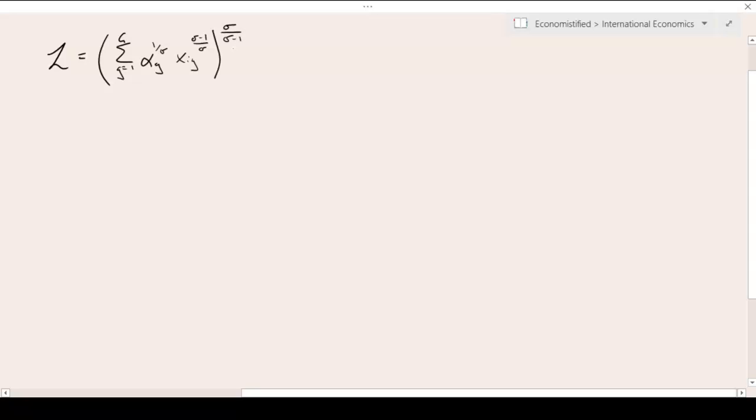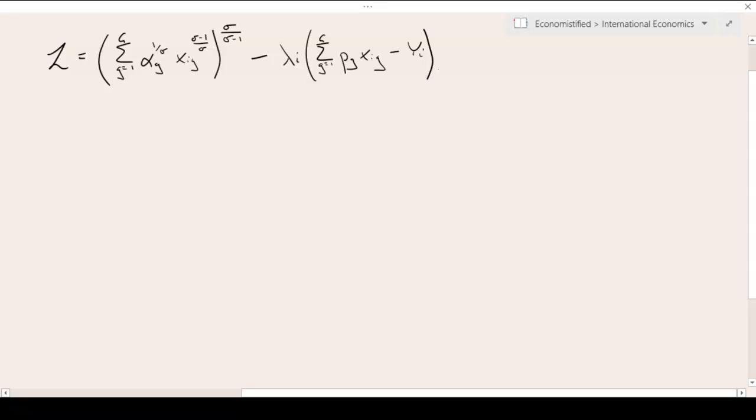So this is the utility function. It's a CES utility function. The alpha G's essentially affect the consumption shares of each good. And to complete the Lagrangian, we have our Lagrange multiplier and our budget constraint here.